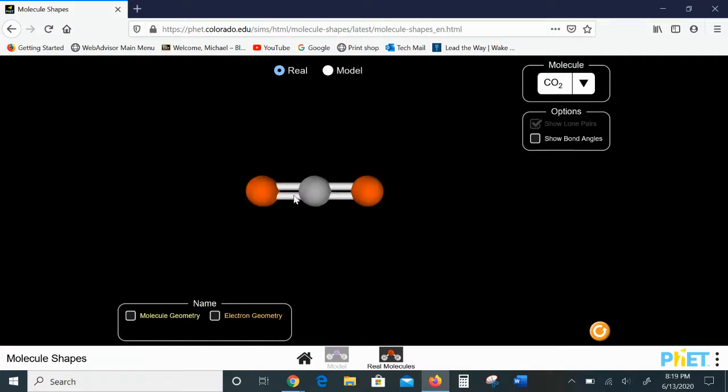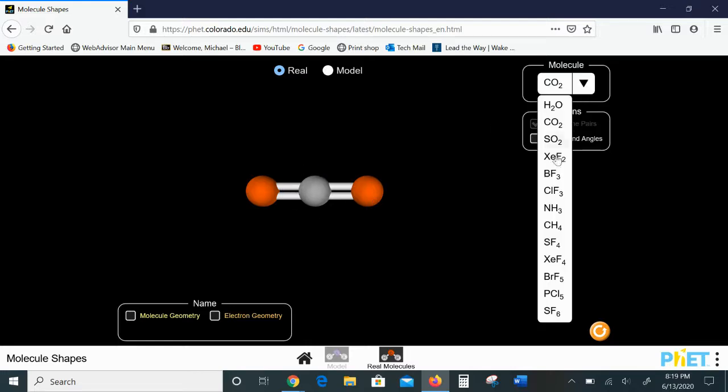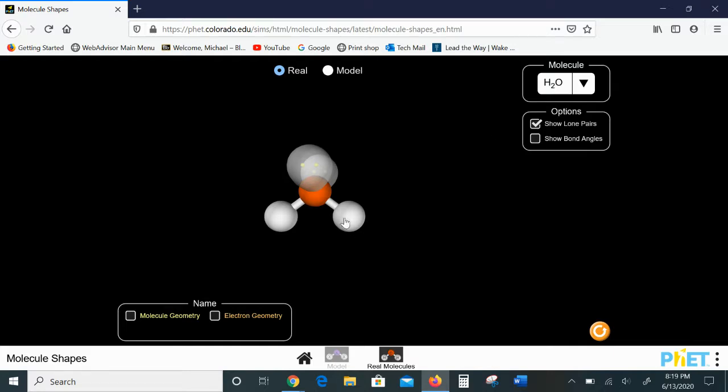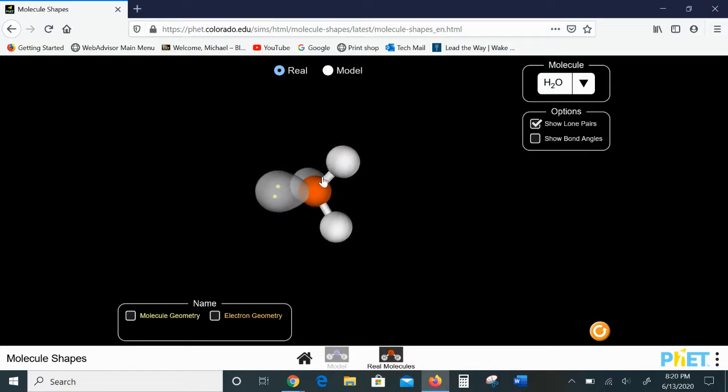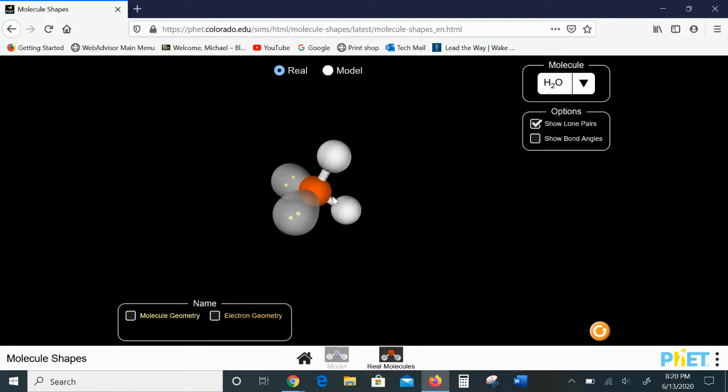So 1, 2, 3, 4, 5, 6, 7, 8. There's 8 around that carbon. And water: each hydrogen has 2 that it's sharing, and the oxygen has 2, 4, 6. It's sharing 2 with the hydrogens, and it has 4 on its own, so that's 6, and the other 2 it gets from the hydrogens to make 8.